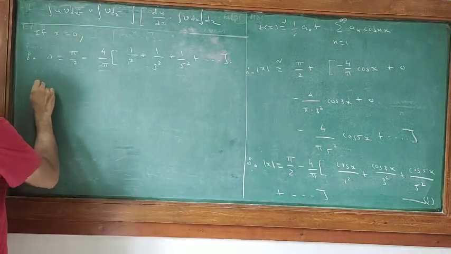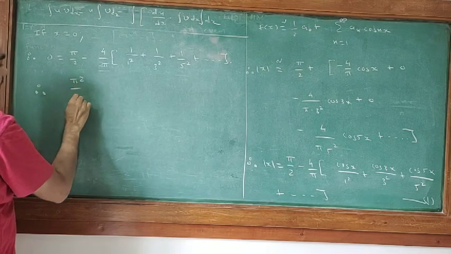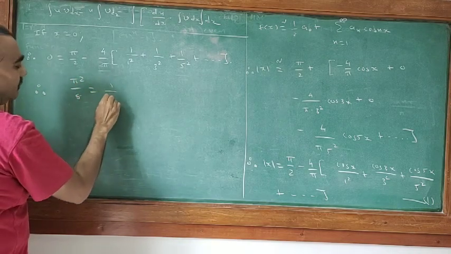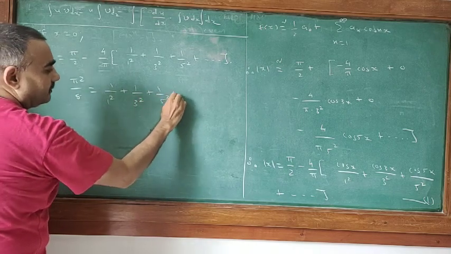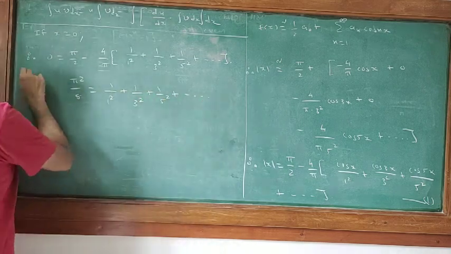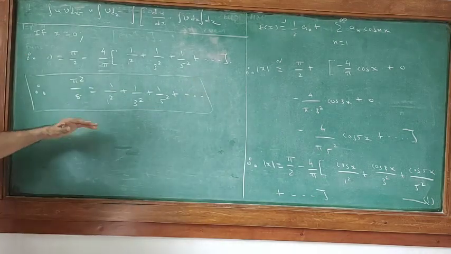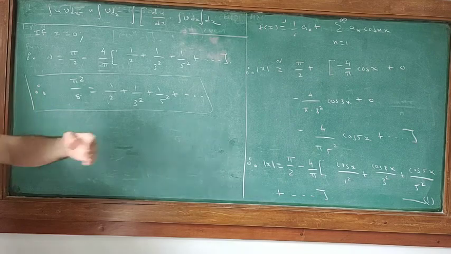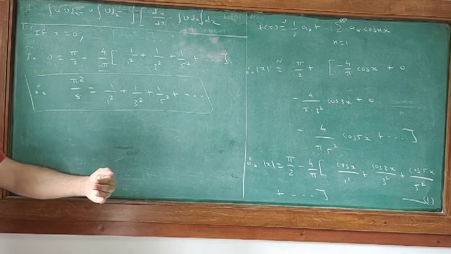Therefore pi square by 8 equals 1 upon 1 square, 1 upon 3 square, 1 upon 5 square and other values. So this is the way we find the values by using Fourier expansion.